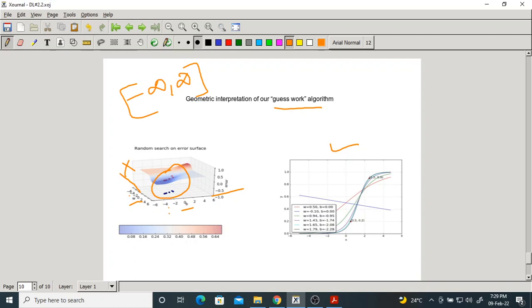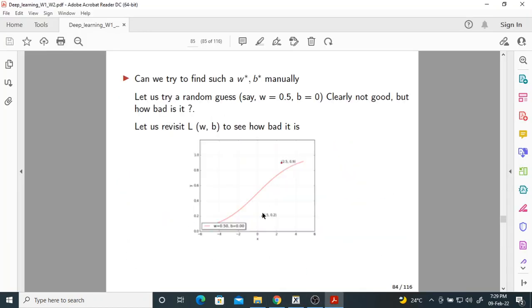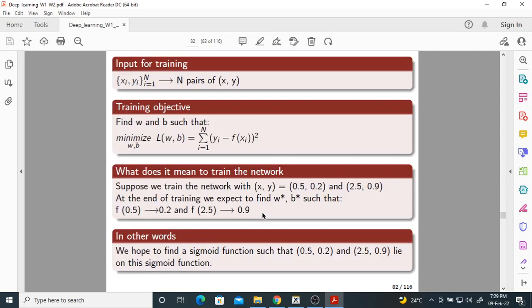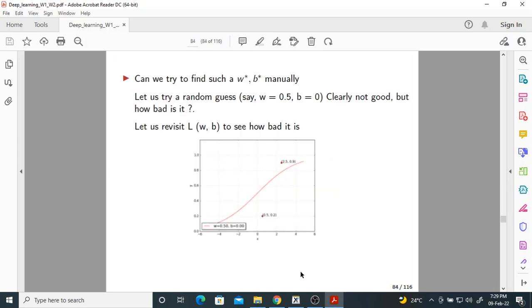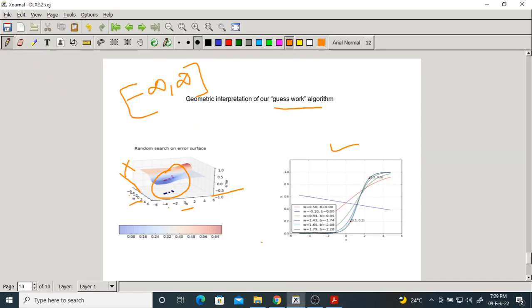In this example we could draw this because we have taken only 2 points in the training data. If there are more points of data, that is xi and yi, it is very difficult to draw the error surface.